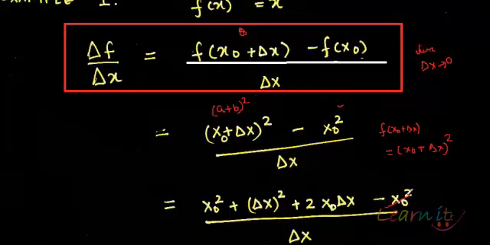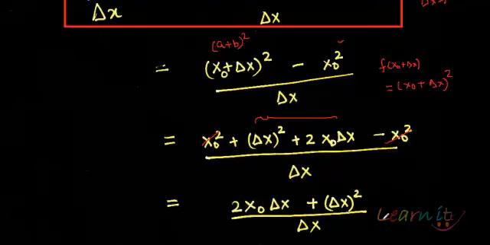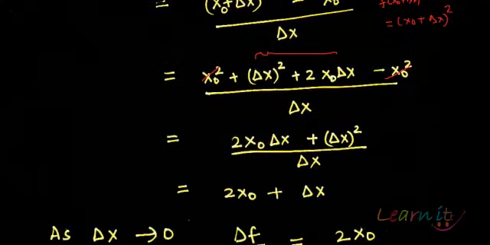So now this and this would cancel out with each other. What remains is essentially the central terms: change in x whole square plus 2 x naught into change in x, upon change in x. Next, you can take change in x common from the numerator. So my numerator is 2 x naught into change in x plus change in x whole square, upon change in x.